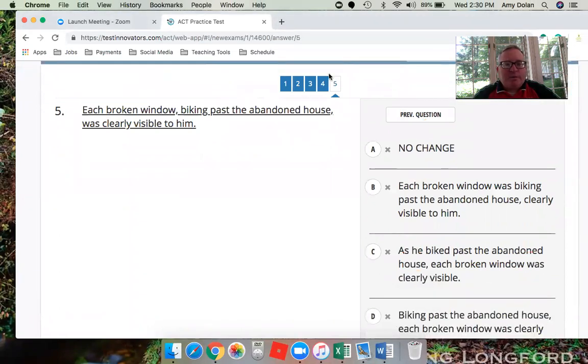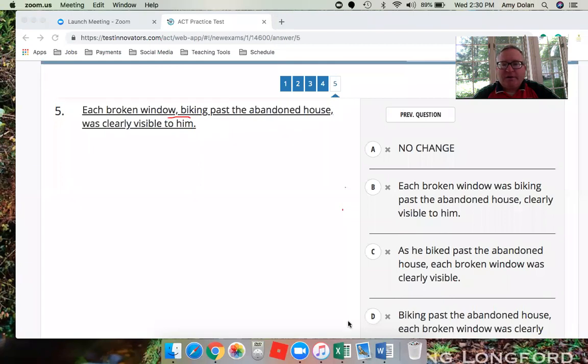And then a little bit of humor again: Each broken window biking past the abandoned house was clearly visible. You and I know what they mean, but if you were to read this closely, you might be confused. Was it the broken windows that were biking, or the person that was biking? Who was biking? It was the person, the boy that was biking. So you want to clear that up.